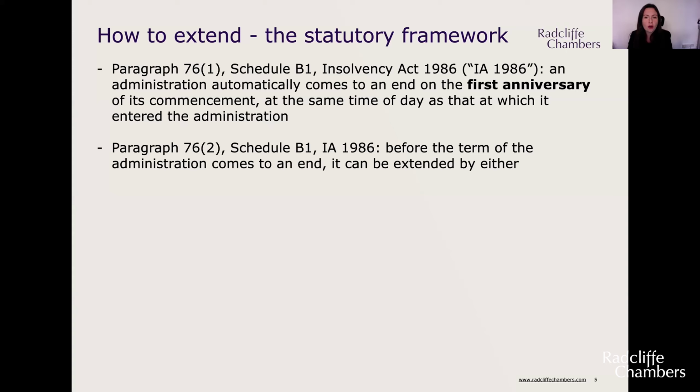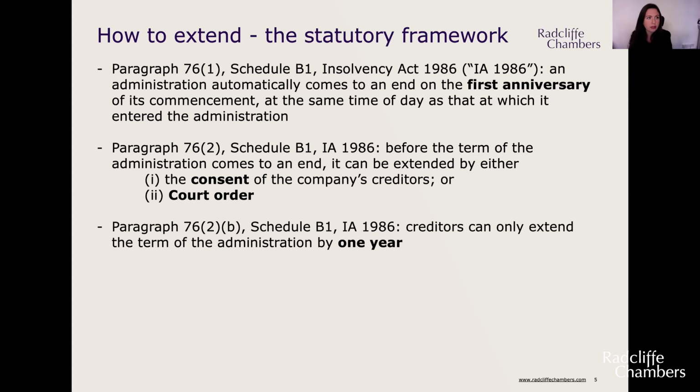But before, and I emphasize, I haven't put it in bold, but I should have, before the term of the administration comes to an end, it can be extended either by consent, so that's the consent of the company's creditors, or court order. I'll mostly focus on the court order side, but the company's creditors point is helpful, and I suppose the majority of administration extensions come about by way of consent of creditors.